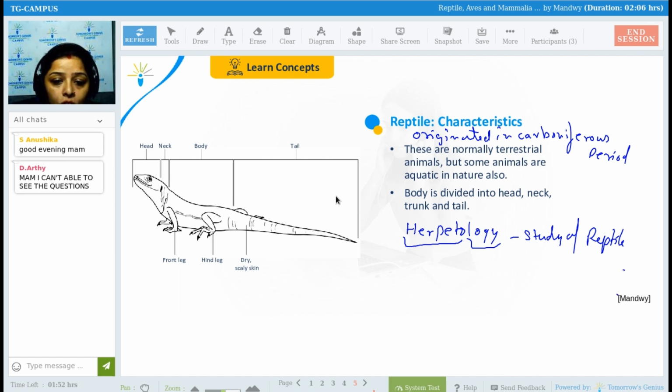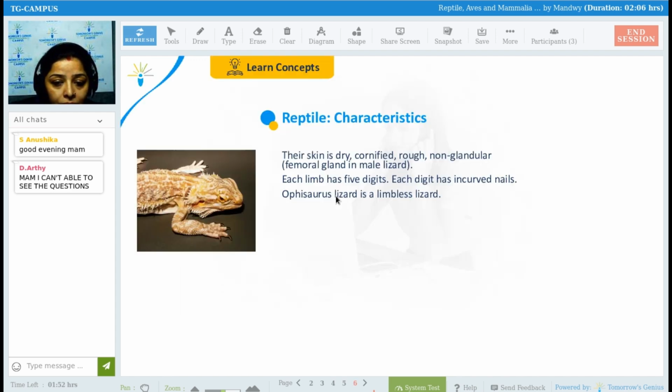As you can see in the image, the body is divided into head, neck, trunk or body, and tail. You can write it as body or trunk. The outer covering, their skin, is very dry, cornified, rough and non-glandular, as they do not have glands below the skin.